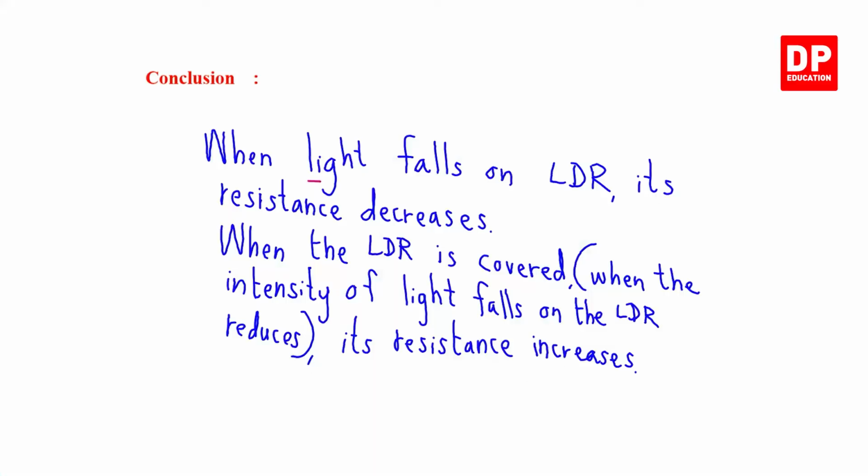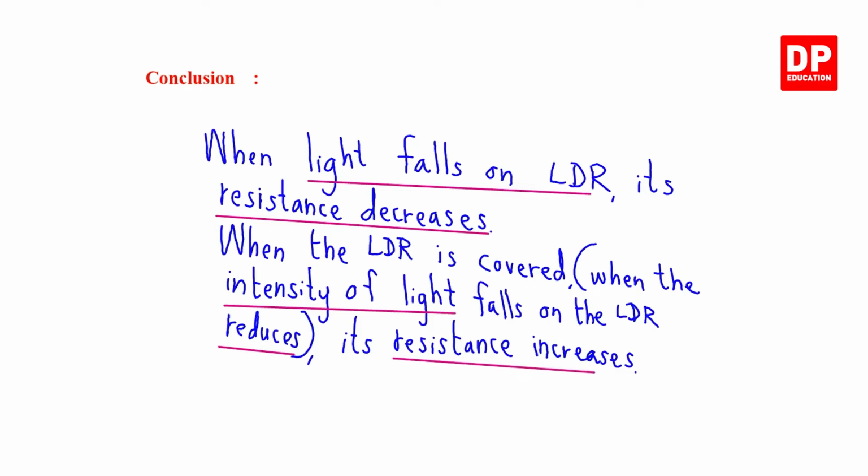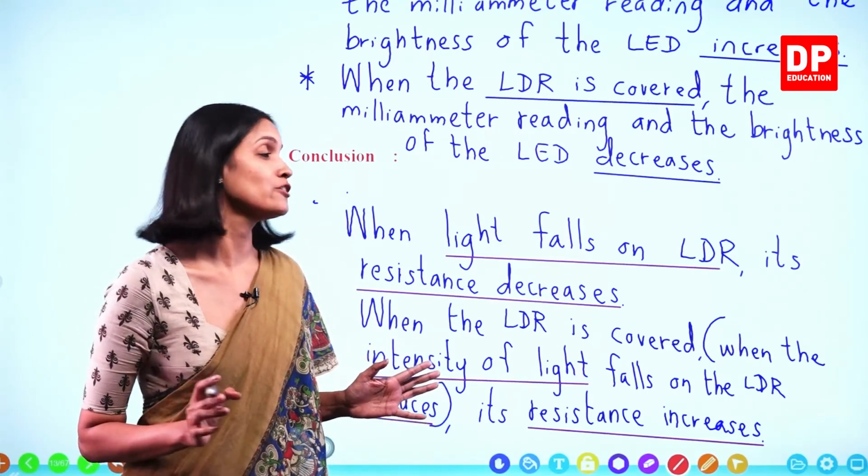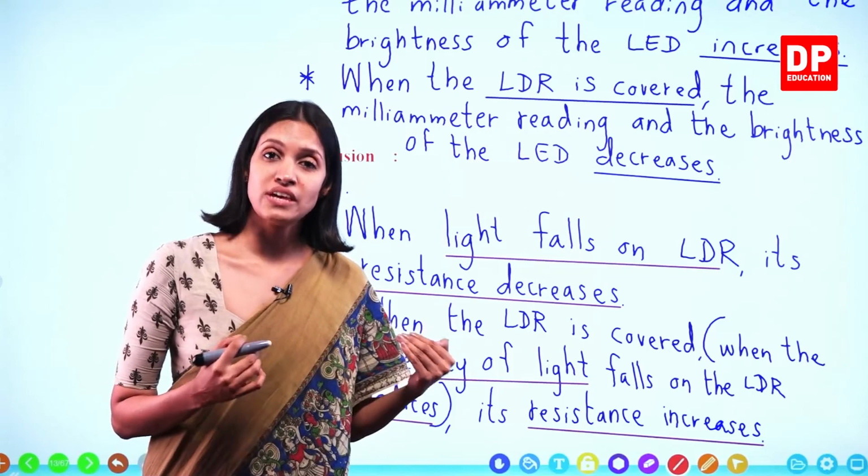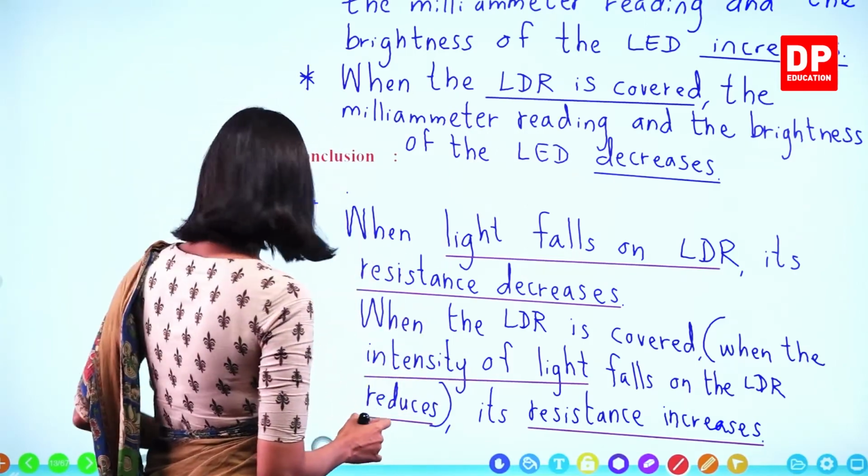When light falls on LDR, its resistance decreases. When the LDR is covered, when the intensity of light reduces, its resistance increases. Understand, children? So I hope you understood the function of the LDR. We'll move on to the next.